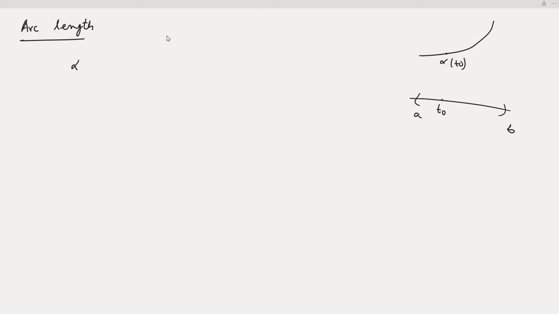Alpha is a curve from (a, b) to R^n. So the function is defined on the same domain (a, b), and it is real valued.